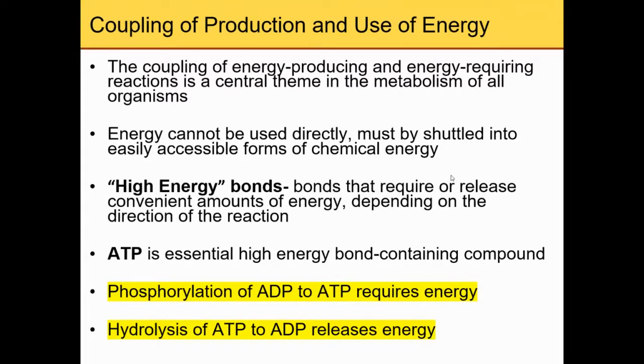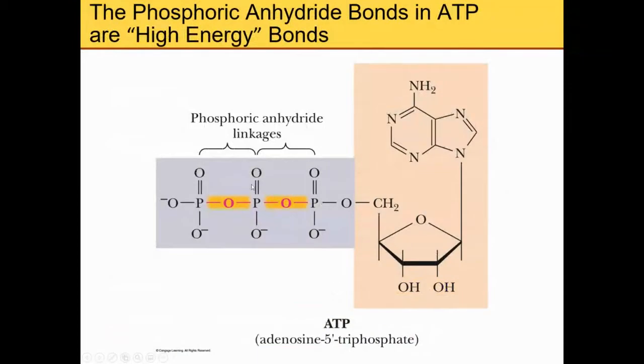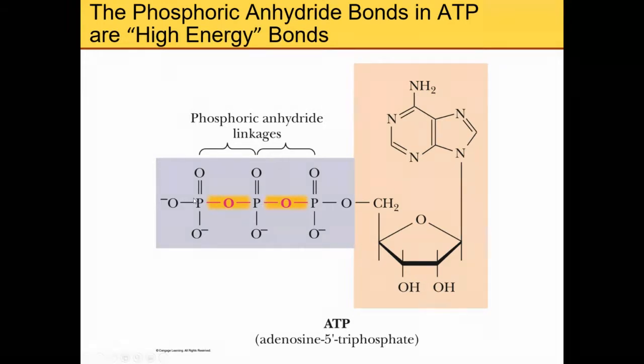So the ATP phosphorylation, okay, the phosphorylation of ADP to ATP requires energy, and if you hydrolyze the ATP, it will release the energy. That's because of this high energy bond, right, between alpha and beta phosphate and beta and gamma phosphate.